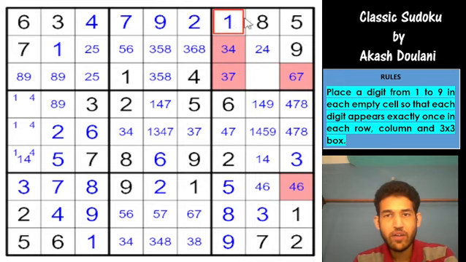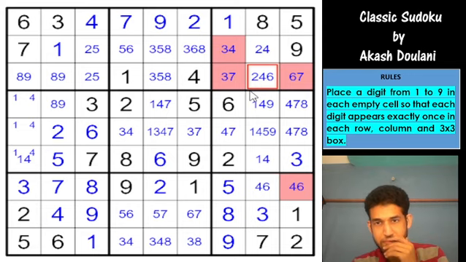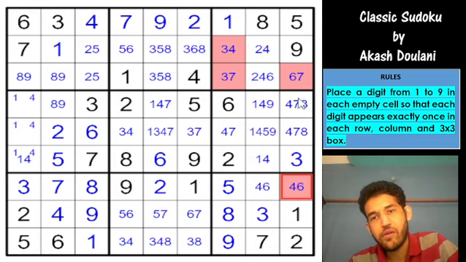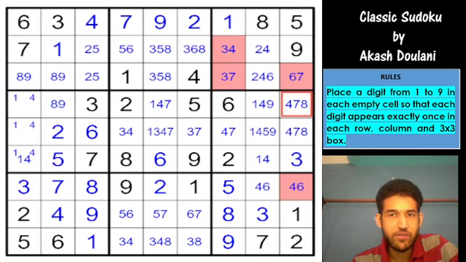Okay, this guy 1 5 8 9 3 and 7. So this guy can take only 2 4 6. 4 and 6, 6 and 7, and 8 is in these 2 cells. Okay.